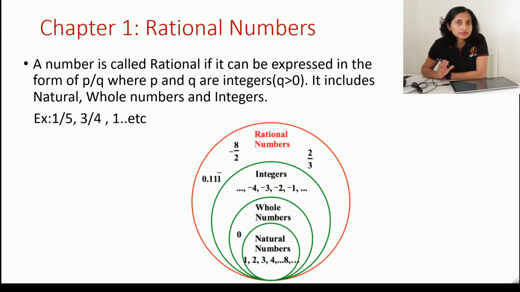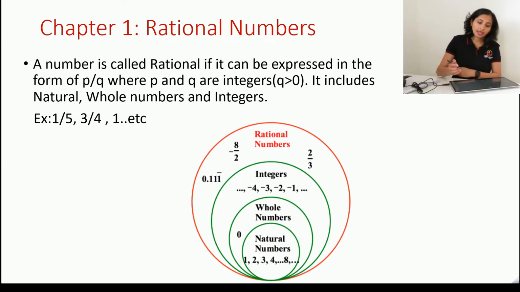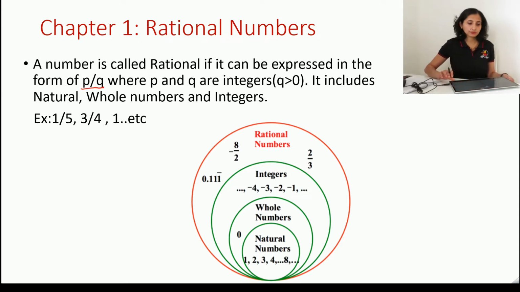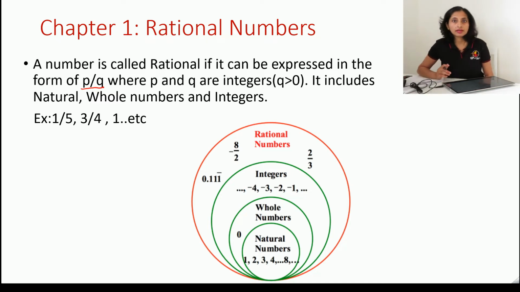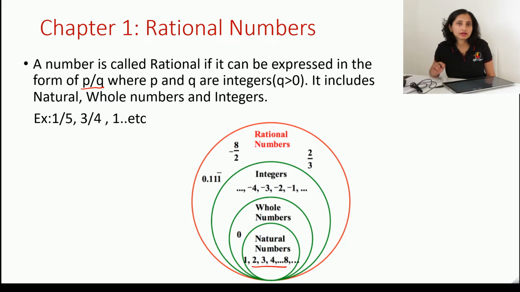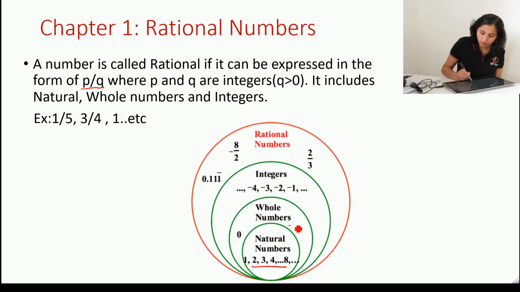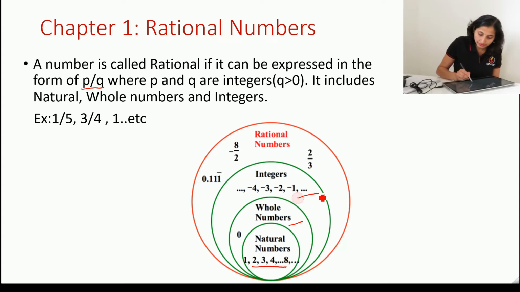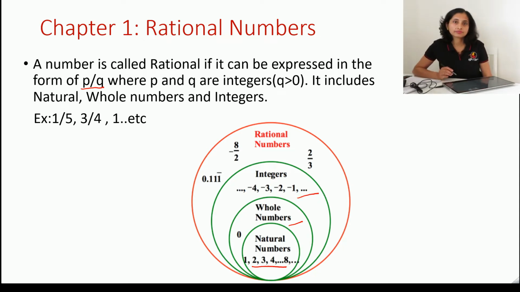A number is called rational if it can be expressed in the form of p by q, where p and q are integers. It includes natural numbers, that means 1, 2, 3, 4, etc. are natural numbers, and also it includes whole numbers, and also integers.